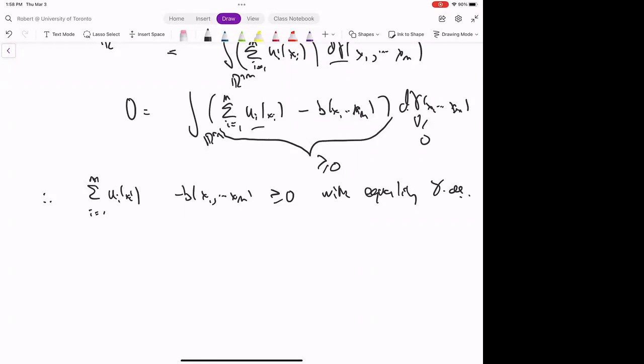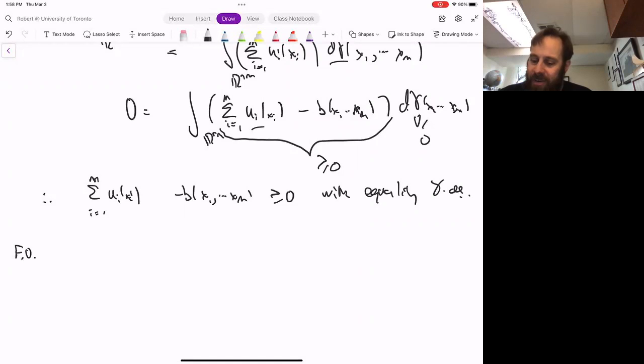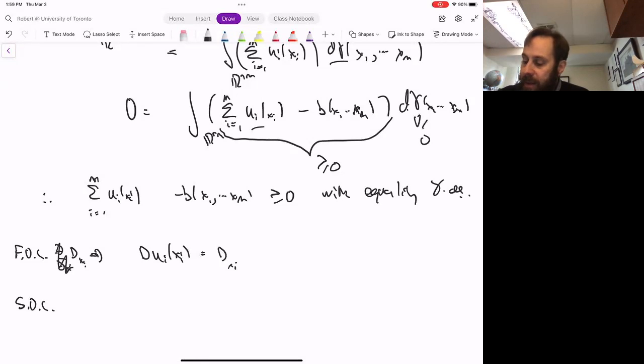There's a first order condition and a second order condition. The first order condition tells us the derivative vanishes as long as it exists. So for example, if I differentiate with respect to xi, which is not really a partial derivative, it's a gradient with respect to xi, I'm going to get that dui of xi equals dxi of b.